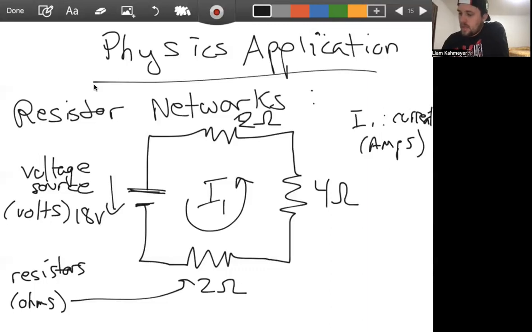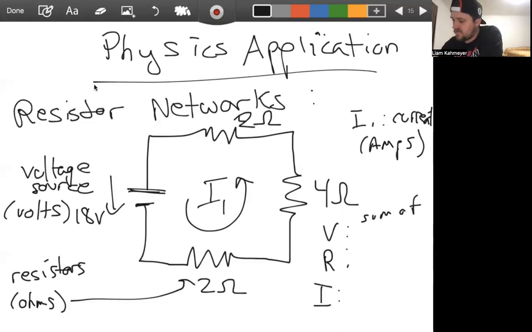So what we know is, let's say V, R, and I are the following variables. V is going to be the sum of voltage. I'll just write that these are all going to be the sum of the respective thing, right?